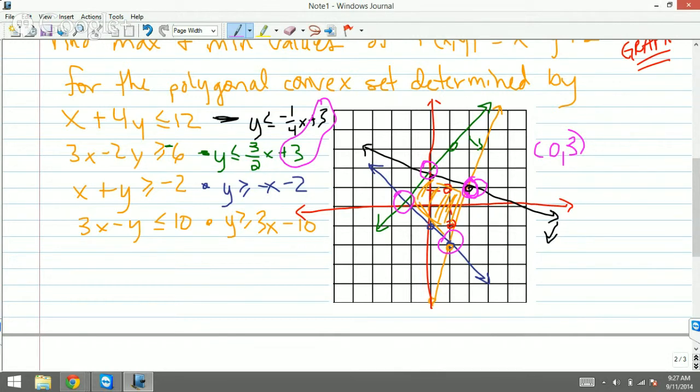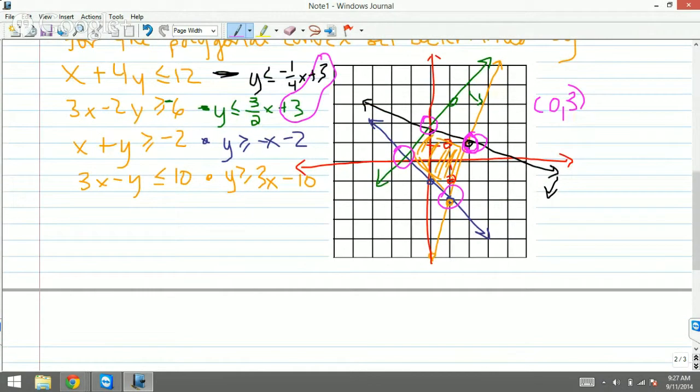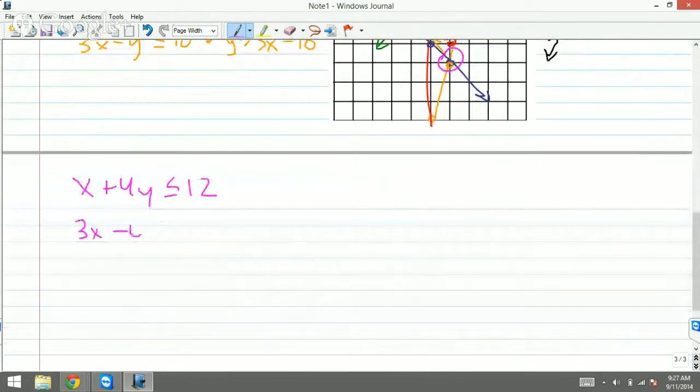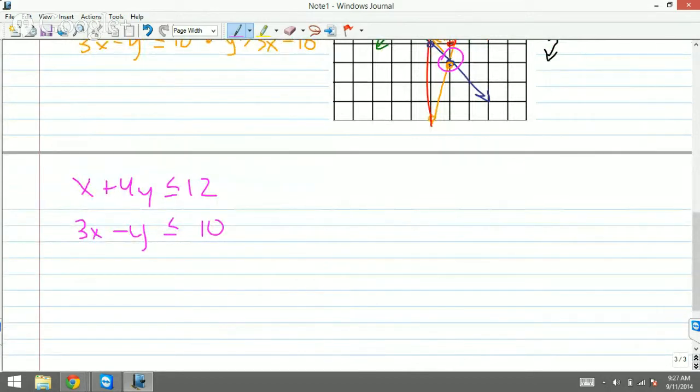So what 2 equations are those? The black one and the red one, or the orange one? So we need to solve this system. Times 3.